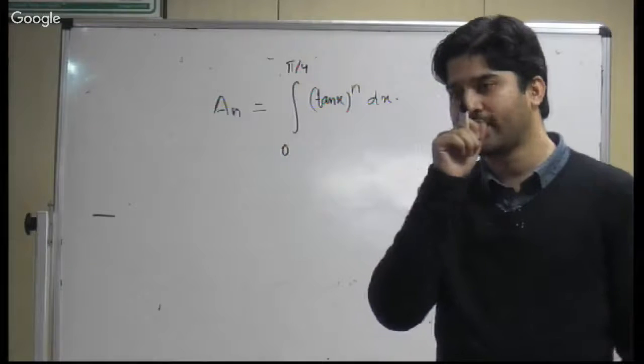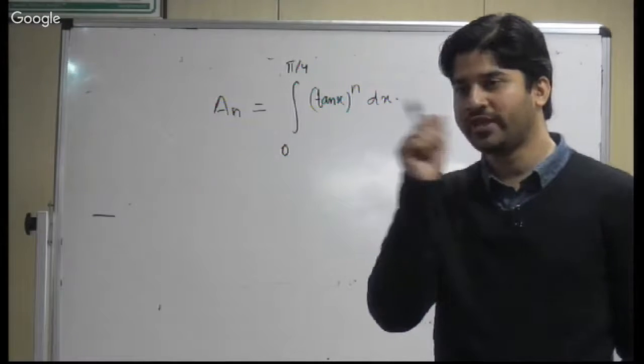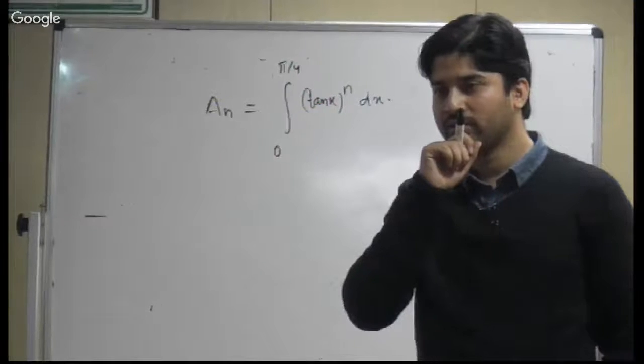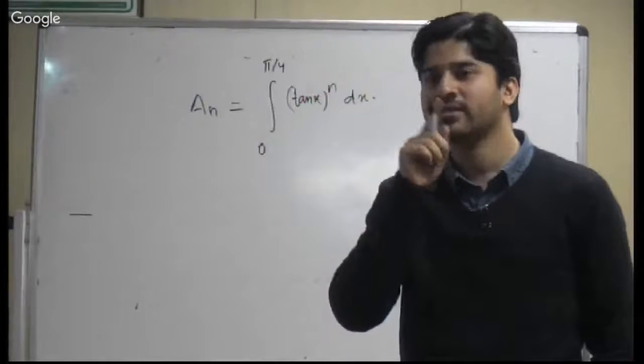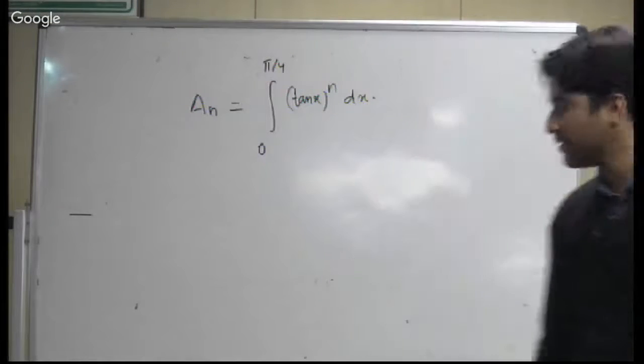Should I take out tan square x? Why should we take out tan square x? Because tan square x will give me sec square x. Getting the idea?